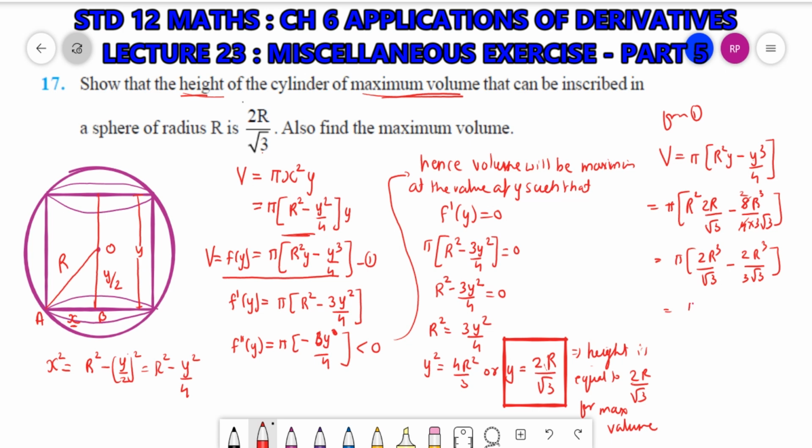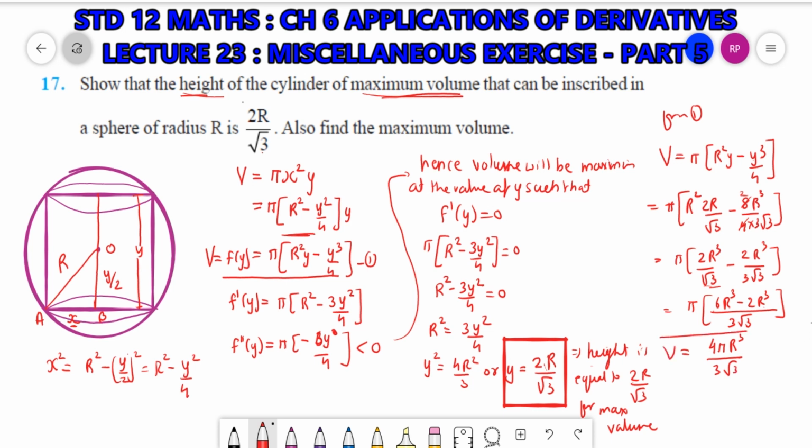So the LCM will be 3 root 3. We have only root 3 in the denominator of the first one, so multiply by 3, which gives 6r cube minus 2r cube. So this will be equal to 4r cube. So 4 pi r cube upon 3 root 3.